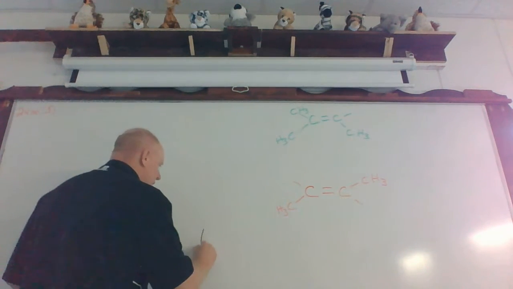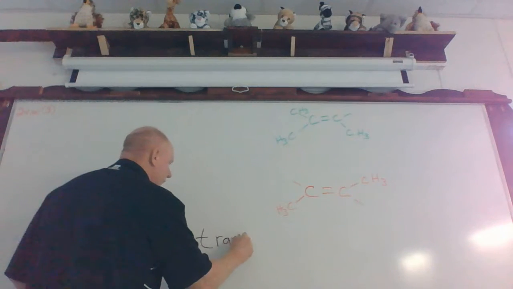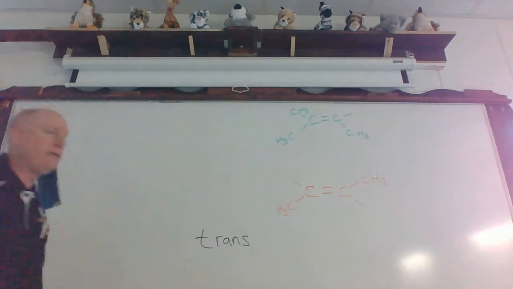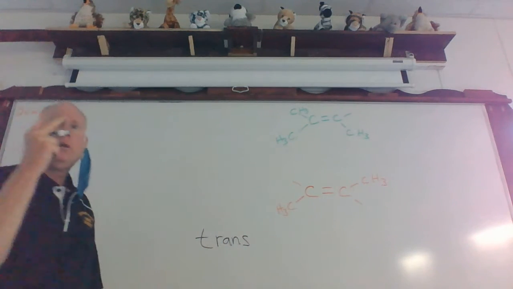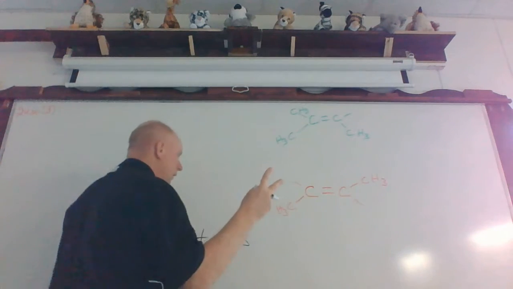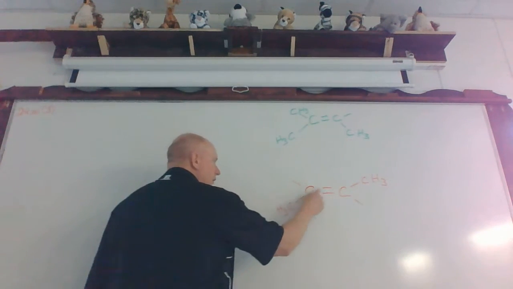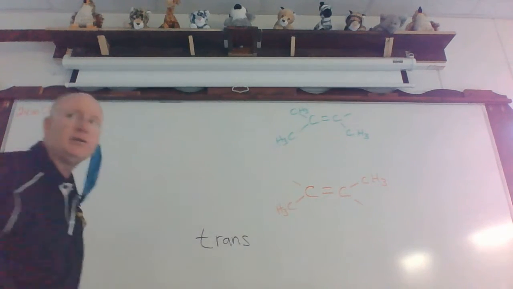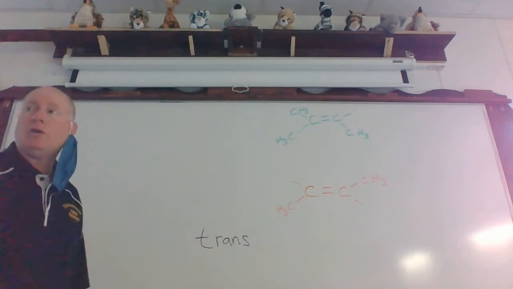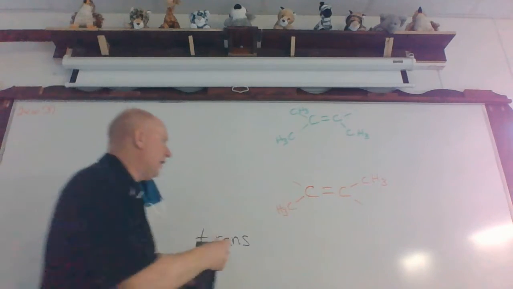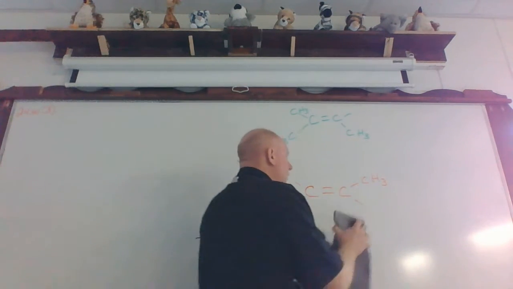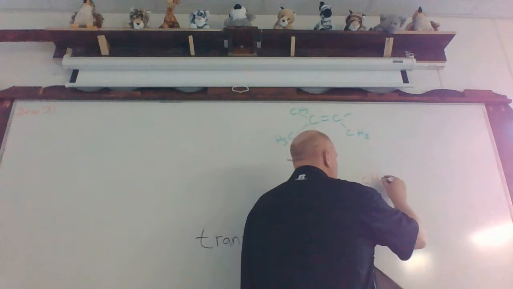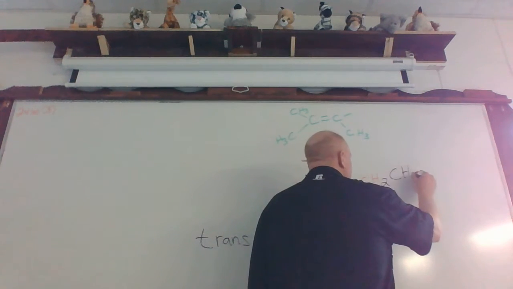Okay, so we got trans, and that double bond is after which carbon? After the second. Okay, we got 1, 2, 3, 4, or going in the opposite direction, it's also after the second one. Because what could happen is you don't necessarily have to have just 1 carbon there. We could do something like this even.